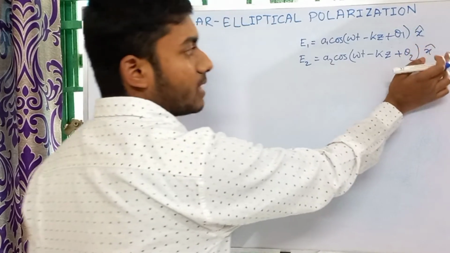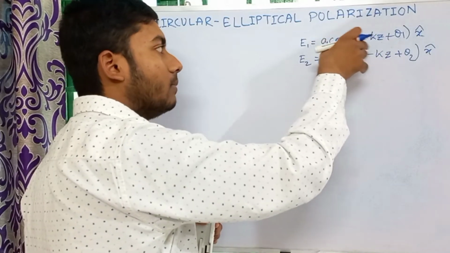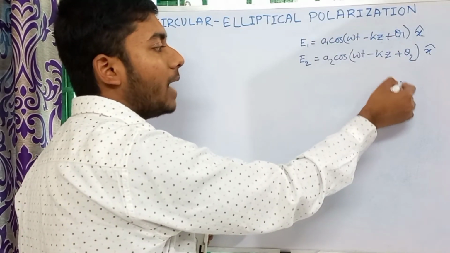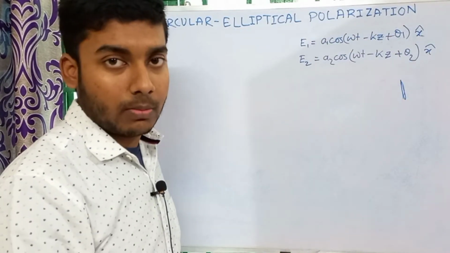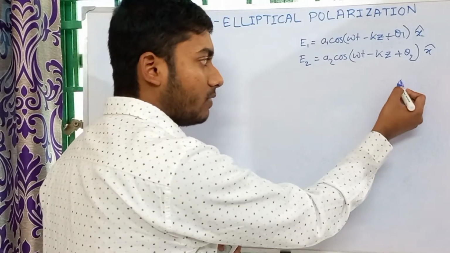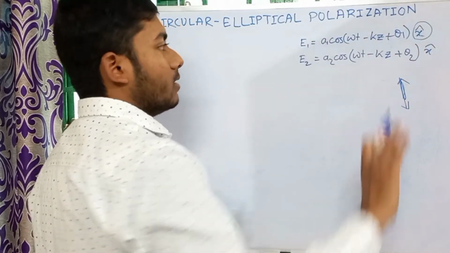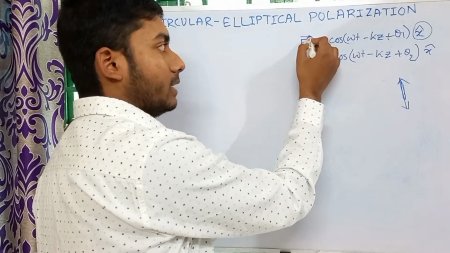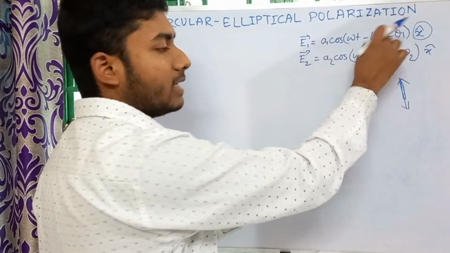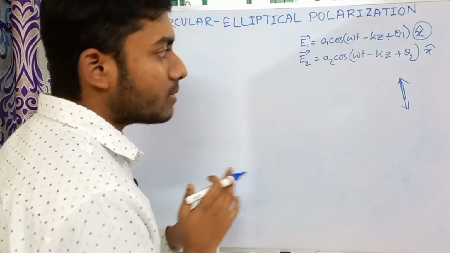Now what are these x caps? These x caps are the direction of vibration of the electric field component or electric vector. This is denoted by this x cap, the direction of the E vector, and this kz is the propagation which I have discussed previously.